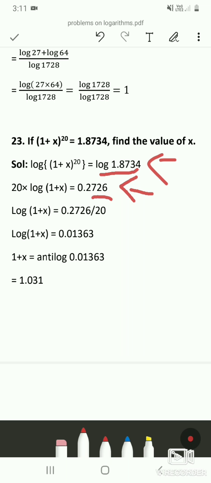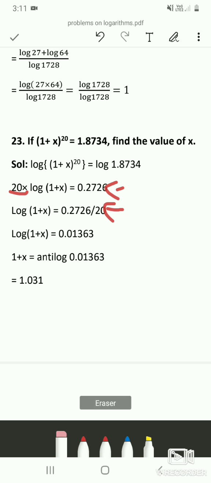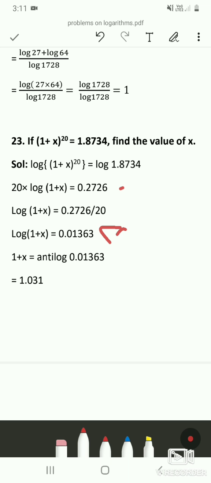So that is 0.2726. So therefore log of 1 plus x is equal to 0.2726 divided by 20. So thus 20 goes to the right hand side. We will get it as divided by 20. So therefore log of 1 plus x is equal to 0.01363.